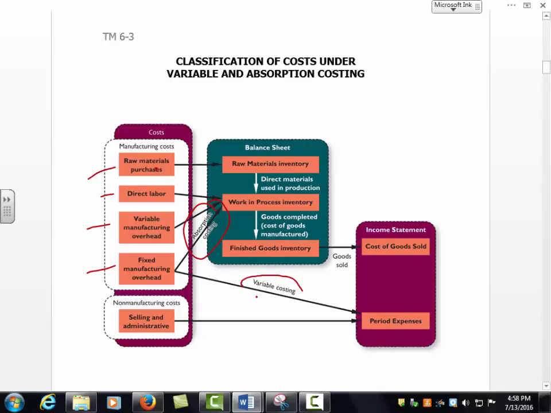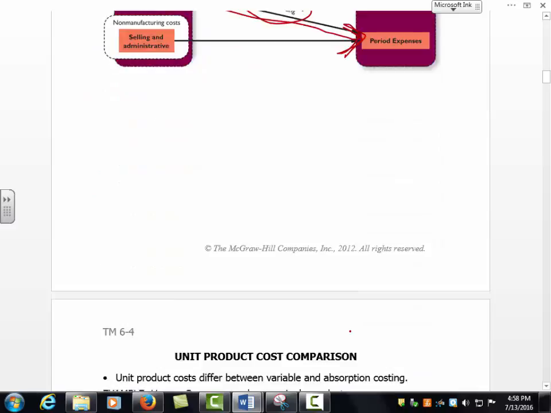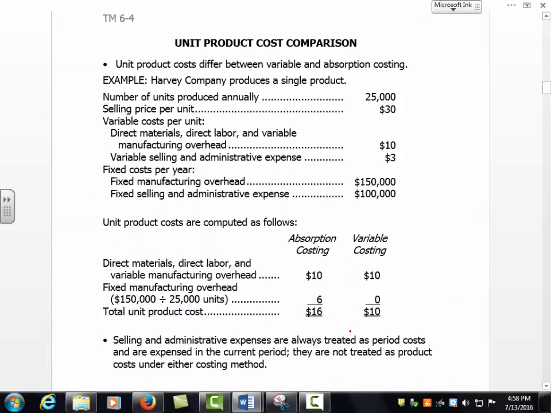But under variable costing, that fixed manufacturing overhead is no longer a product cost, it becomes a period cost, and therefore there's no incentive for managers to overproduce and waste resources and tie up cash if you use this method. So let's see an example here.